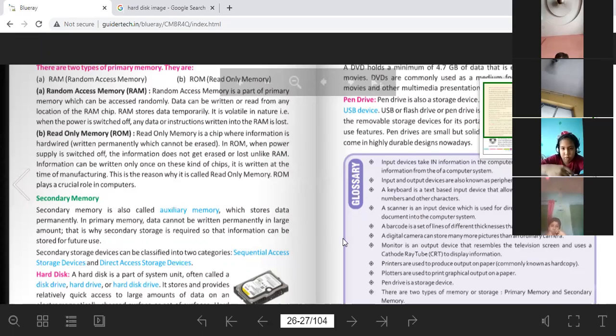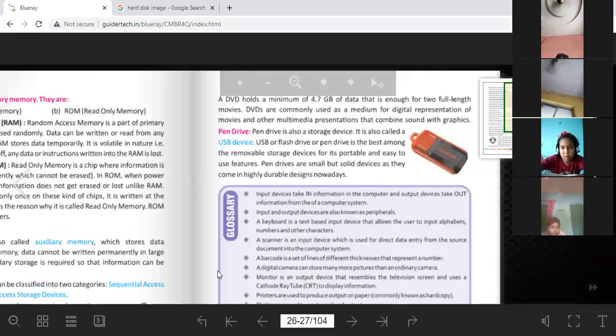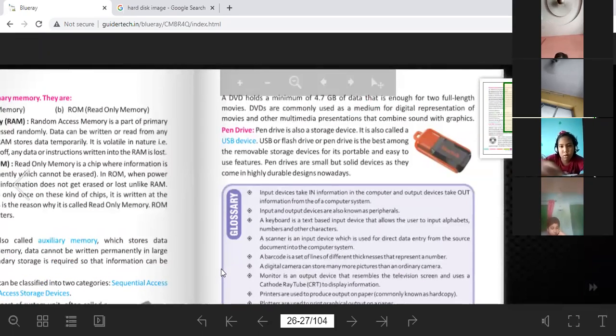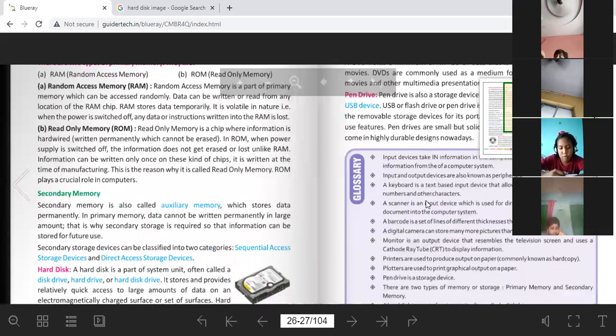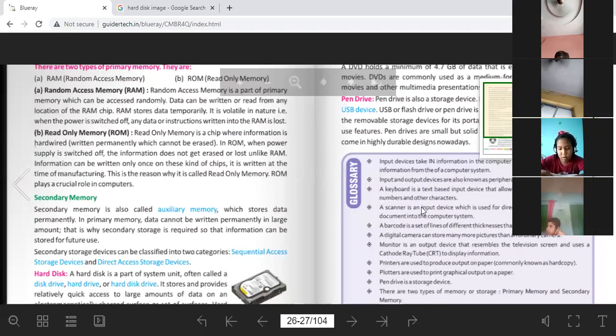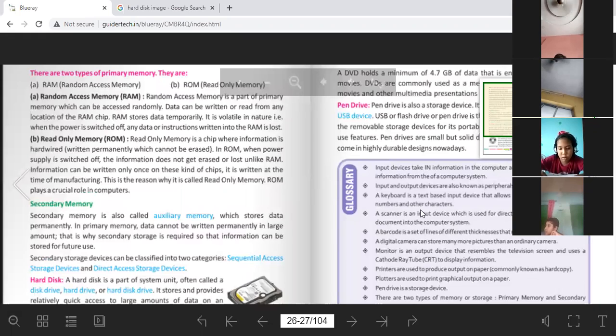Okay. So what all we have learned in this chapter, we have learned that input devices take information in the computer and output devices take out information from the computer system. Input and output devices are also known as peripherals. A keyboard is a text-based input device that allows the user to input alphabets, numbers, and other characters.